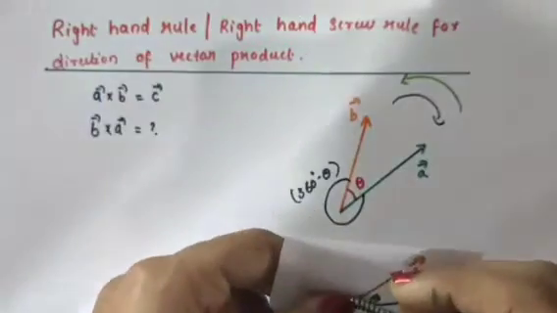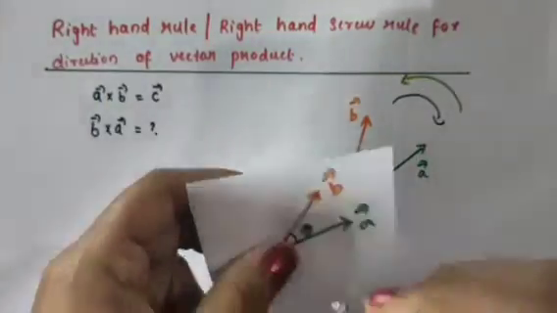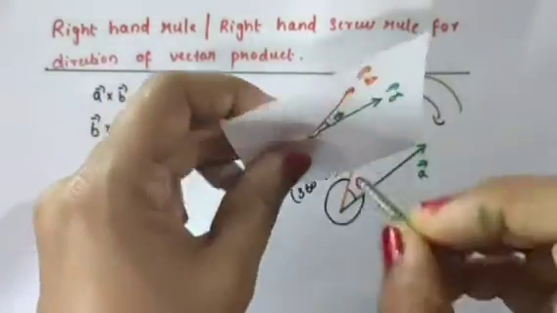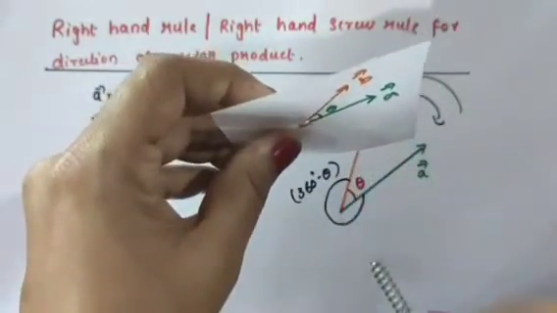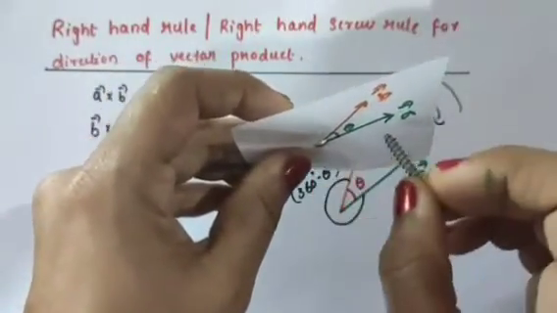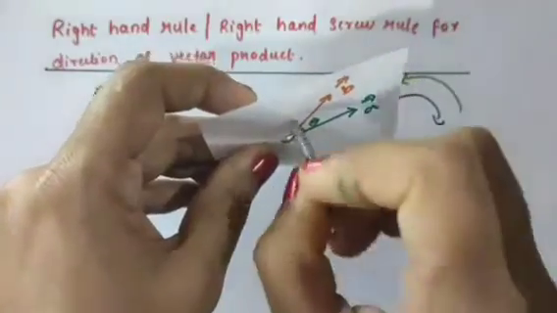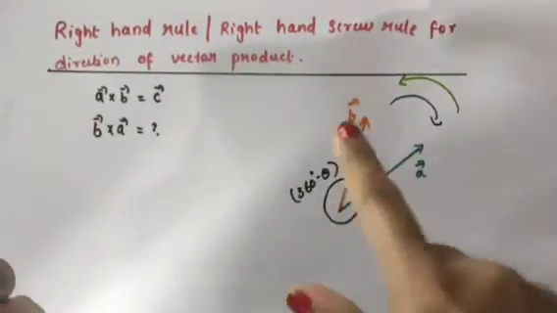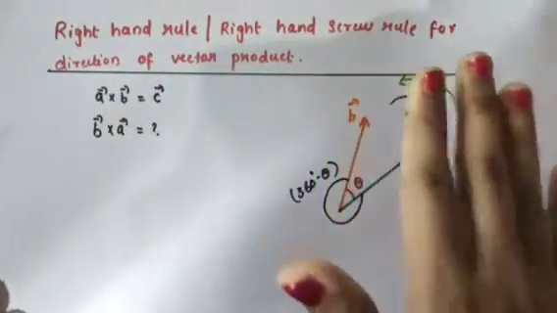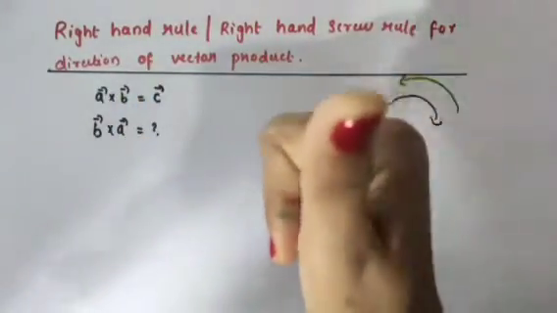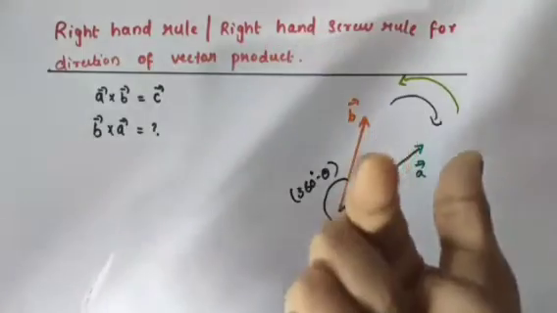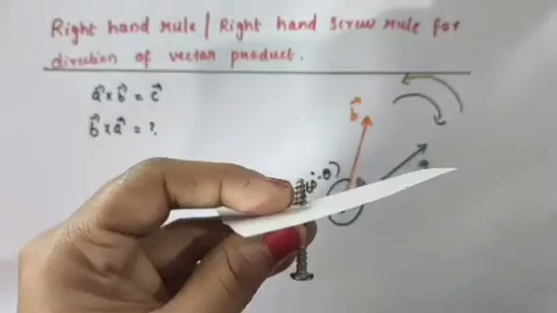Based on the tip of the screw I can consider in which direction C exists. So the C came out, means the screw just came out of the plane. So therefore the C direction is out of the plane when I am considering A cross B. Same thing, my thumb came out, correct? That is nothing but outward to the plane.